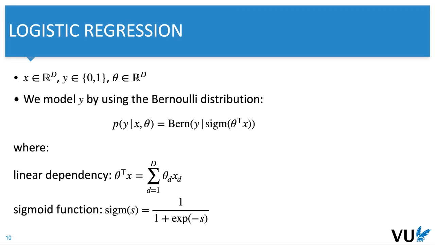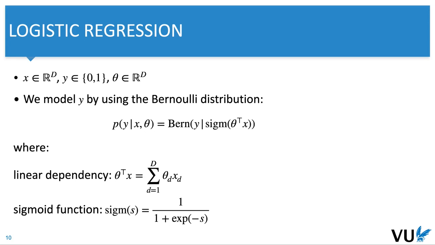We assume that vectors are columns, and so transposition means that we take a column vector and represent it as a row vector, and we multiply it using matrix multiplication. So the first theta is multiplied with the first x, plus the second theta multiplied with the second x, and so on and so on.